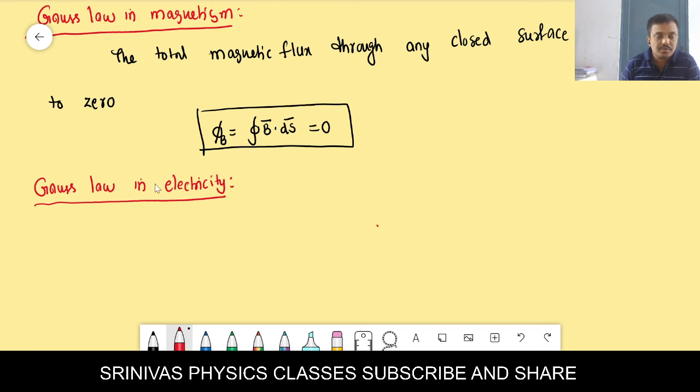What is Q? Is it normal charge, outside charge, or inside charge? There is some condition there.